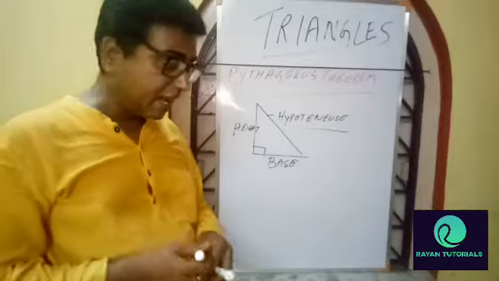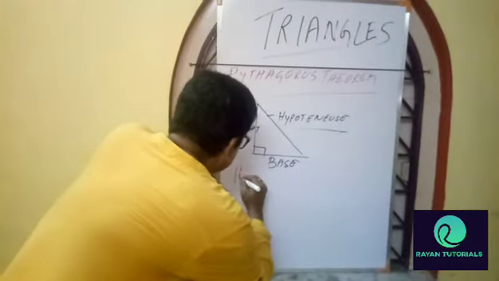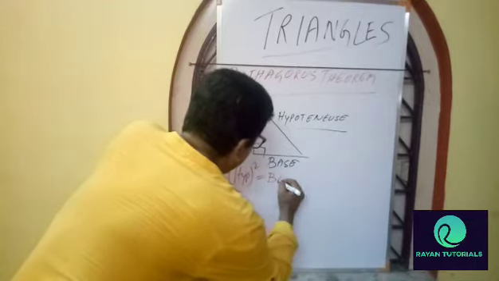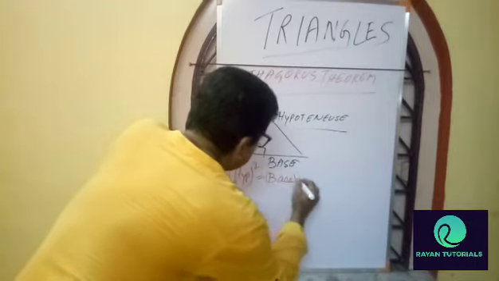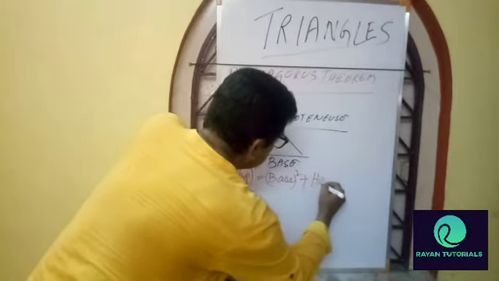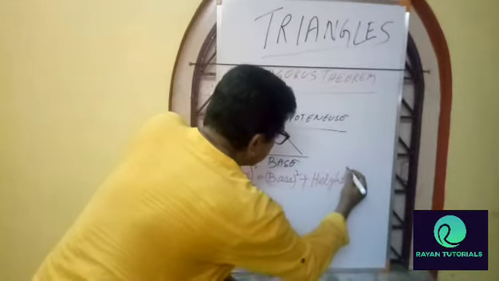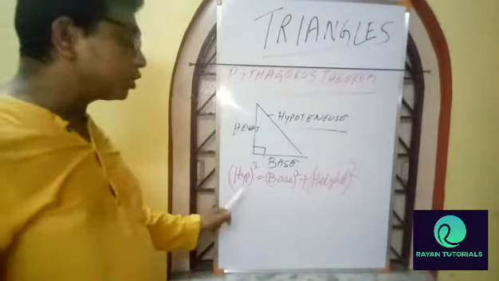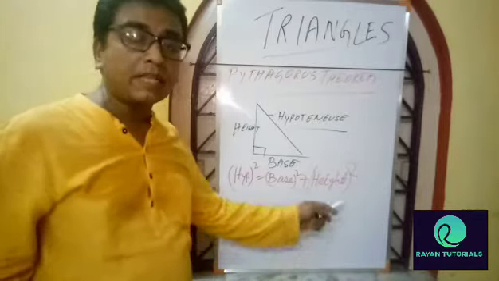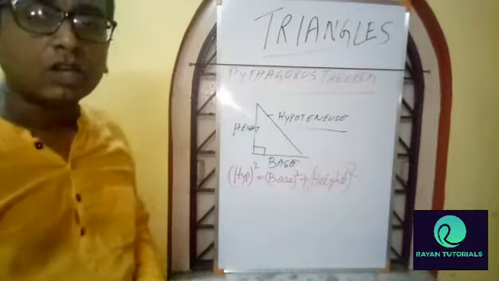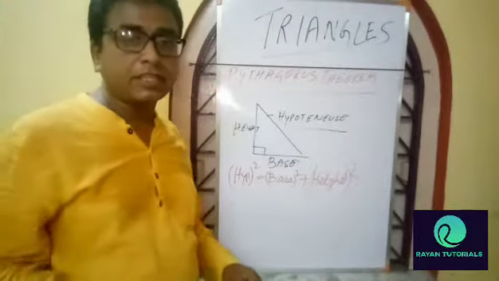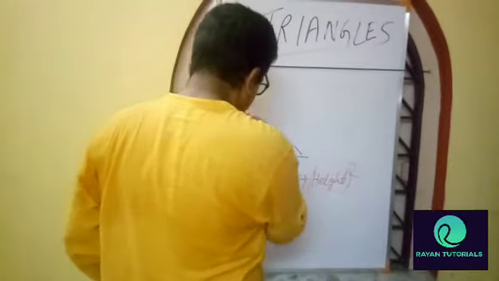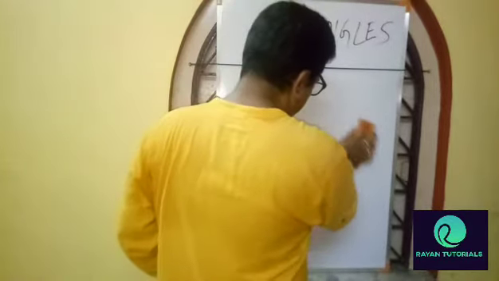So Pythagoras theorem states that hypotenuse square is equal to base square plus height square. Clear? This is Pythagoras theorem. There are a lot of applications of this theorem.